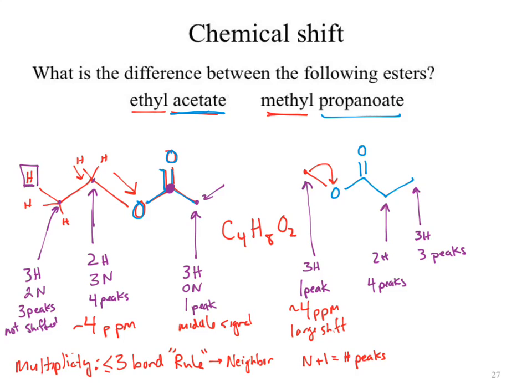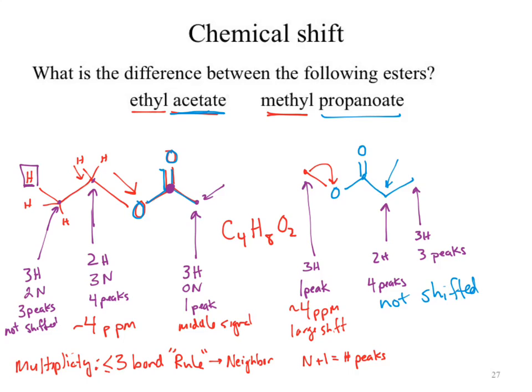What happens to the other 2? Not really shifted. We might expect that first one there to be shifted a little bit further than the first one because it's bound to an sp2 carbon. Okay, but we're not seeing much of a shift.